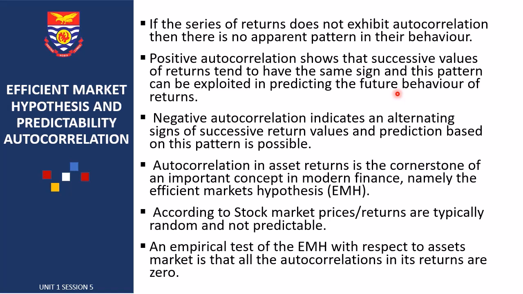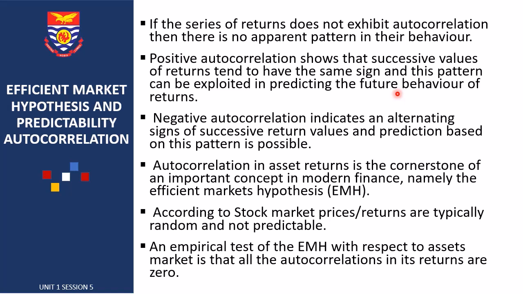So we have alternating signs in the prediction. If you predicted a gain today, then tomorrow, because the autocorrelation result was negative, it shows that there will be a negative chance tomorrow. That's what this also means.